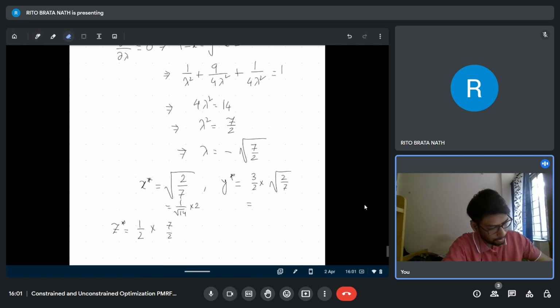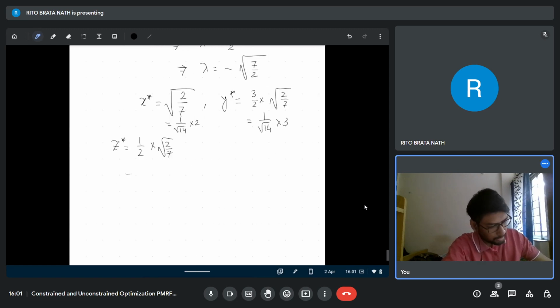Here also it should be root 2 by 7. So this becomes 1 by root 14 times 3, and this becomes 1 by root 14 times 1. Therefore x star, y star, z star is 1 by root 14 times 2 comma 3 comma 1.